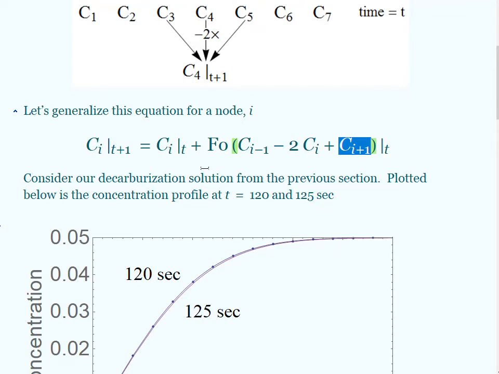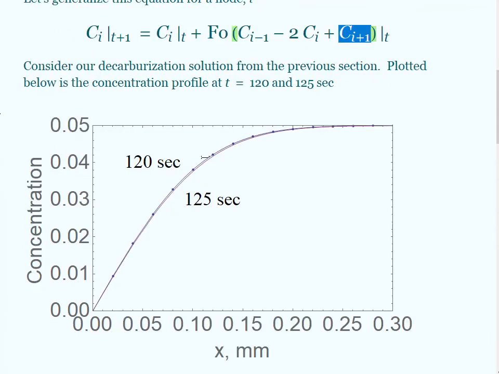All right, so if we were to apply this technique to the decarburization case that we did last time, I went and plotted here in the solid lines the exact solution that we derived last time. And then the dotted symbols are the values I got from the finite difference method, plugging them into these equations and moving out to 120 seconds.